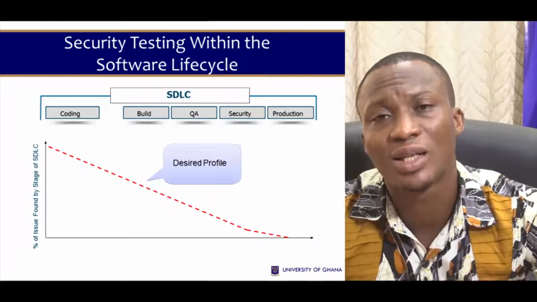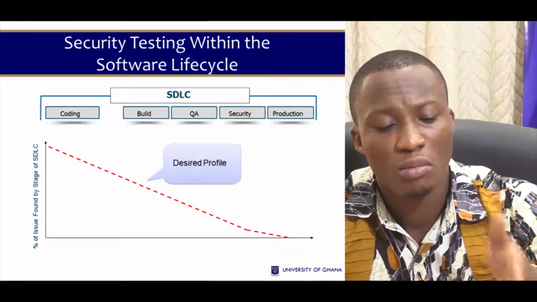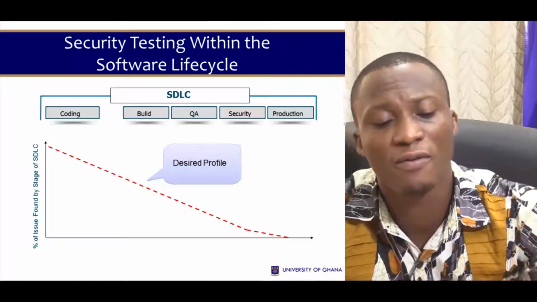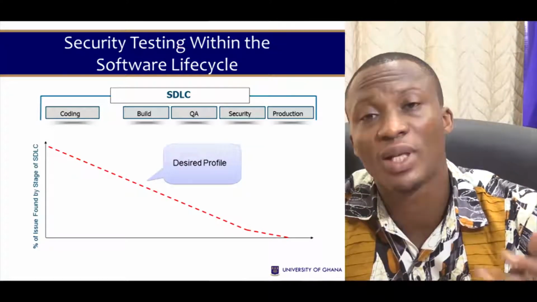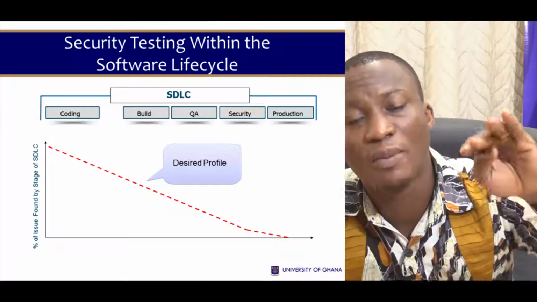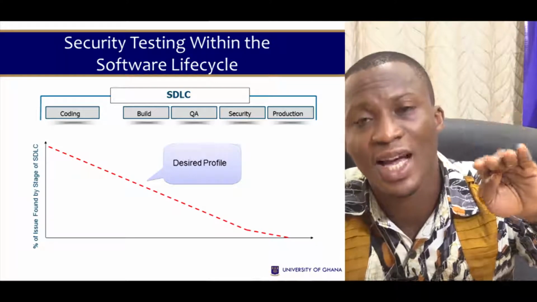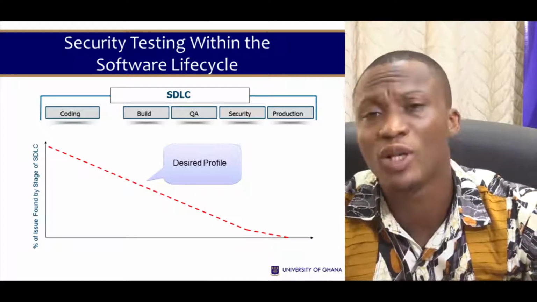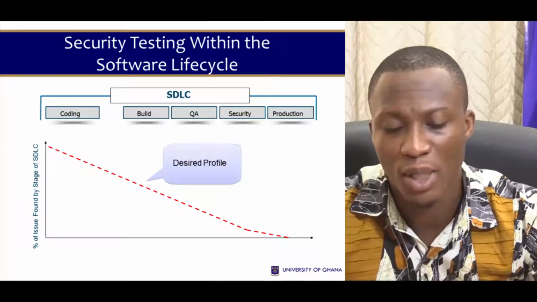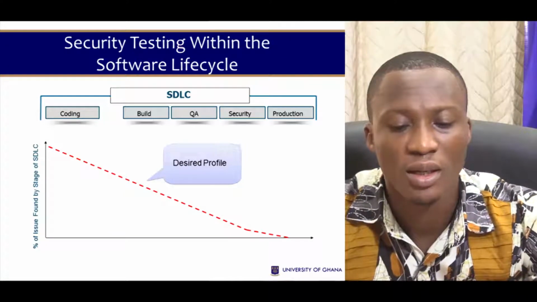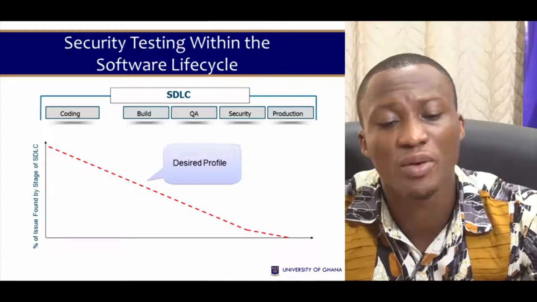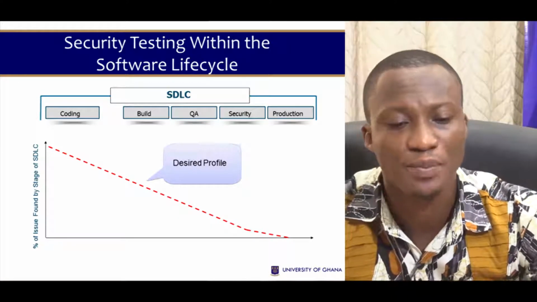It's expected that the percentage of issues found by the stage of the software development life cycle stems from a higher point, and as we approach production, the percentage of issues comes to the barest minimum. And this is the desired profile that we need to see in implementing security in the software life cycle.